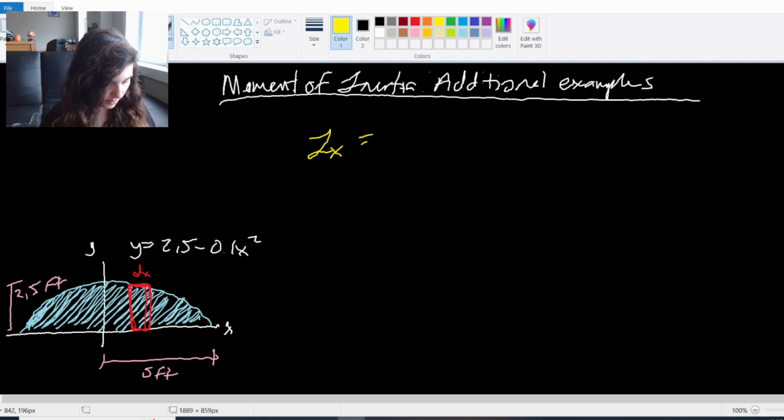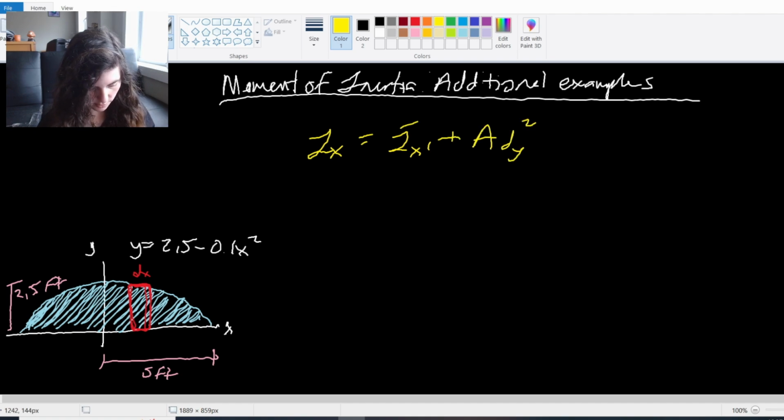So this is Ix prime plus A d sub y squared. And then for our y equation, the moment of inertia about the y-axis, we're going to use the basic integration equation, which is x squared dA.